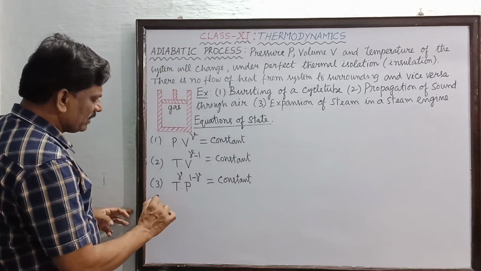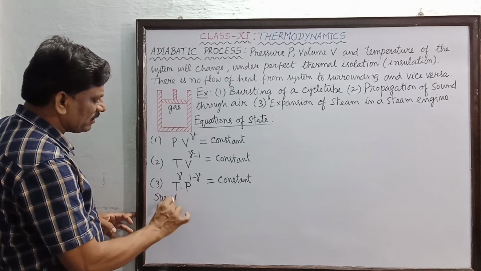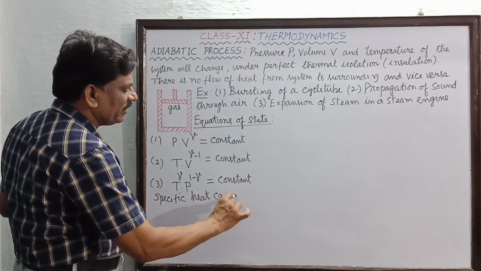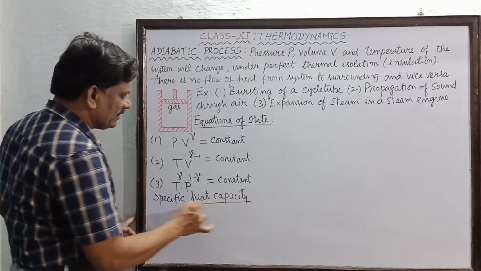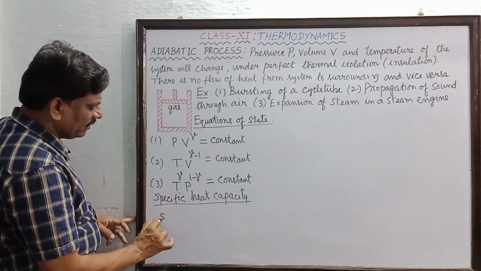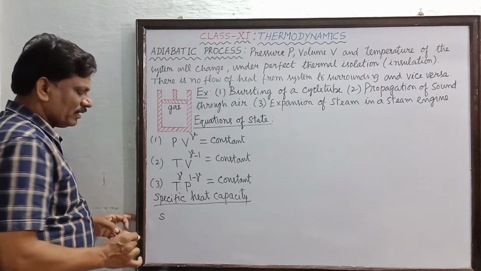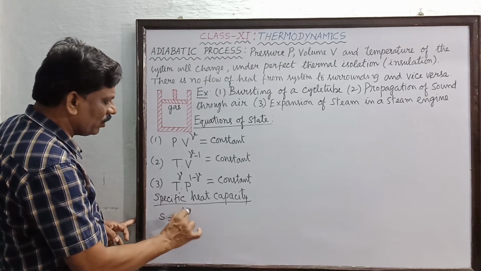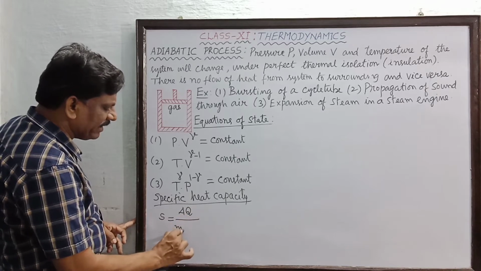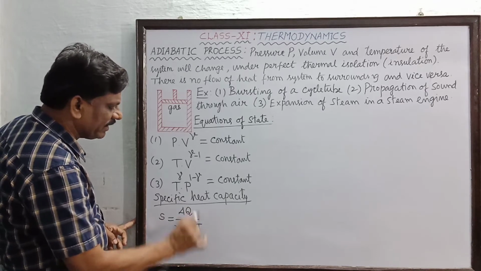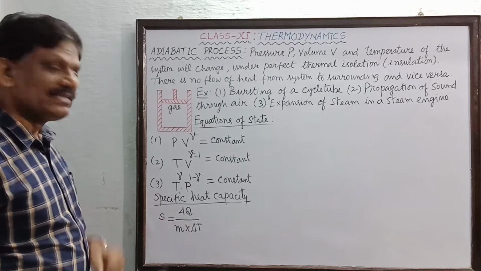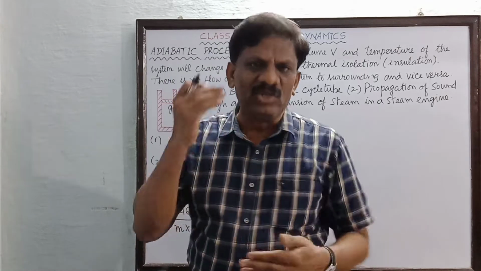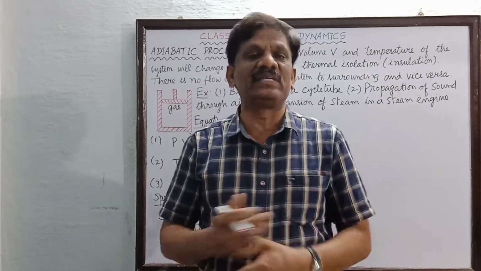Now the next one is the specific heat capacity of the gas. What is the expression for the specific heat capacity? Specific heat capacity is small s for 1 kilogram and capital C for 1 mole. This is equal to delta Q divided by mass m into the rise in temperature delta T. Look at this equation. Delta Q is the quantity of heat supplied to the system or rejected by the system into the surrounding.